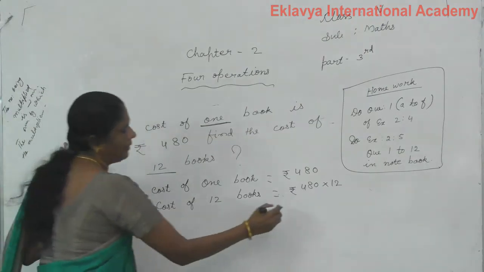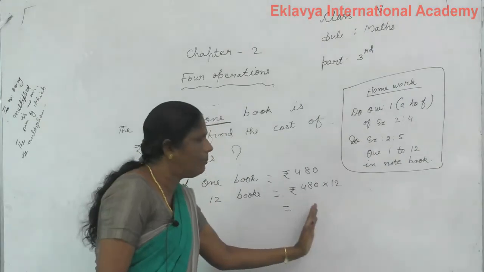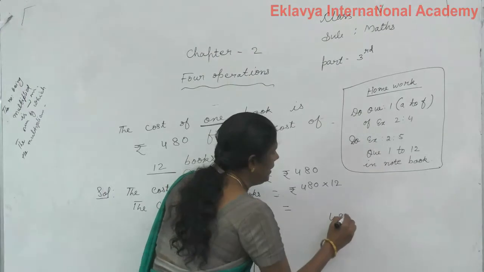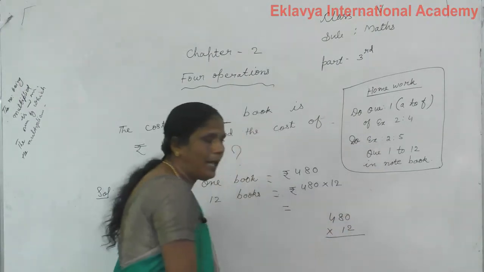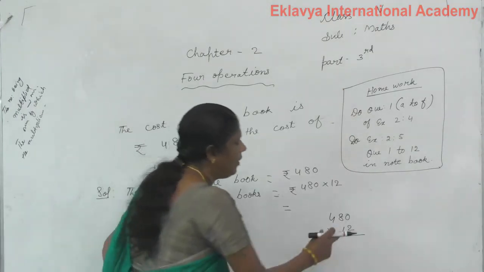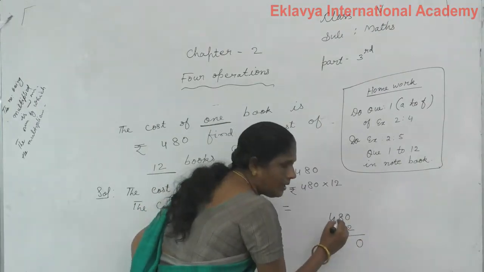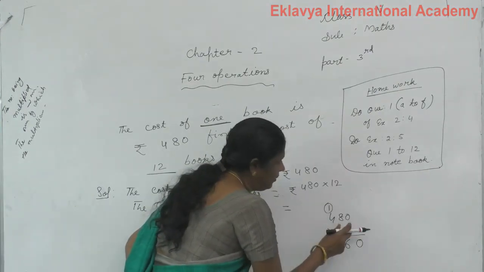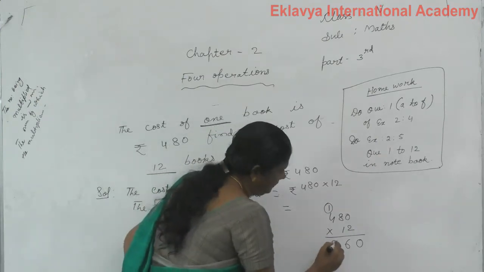Then you multiply this number on your side of the notebook. 480 multiply 12. 2 times 0 is 0, 2 eights are 16, carrying 1, 2 fours are 8, 8 plus 1 is 9.